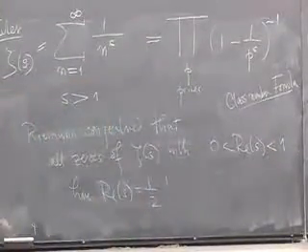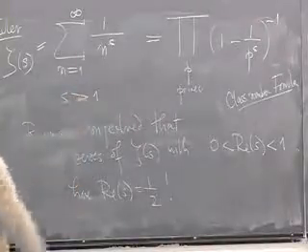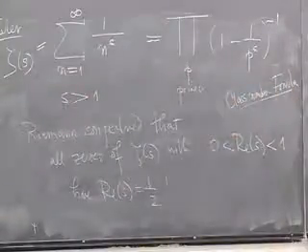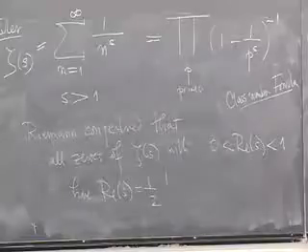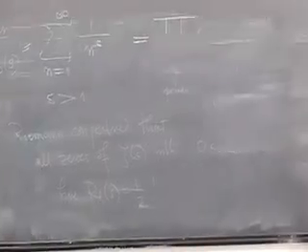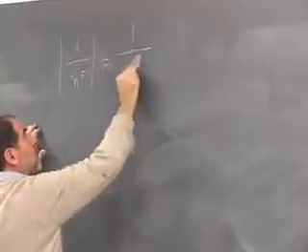So I have to say what that actually means, because so far we've only defined this series for s greater than 1. It only converges when s is bigger than 1. Well, if you know complex function theory, that series will converge when the real part of s is bigger than 1, because the absolute value of 1 over n to the s is 1 over n to the real part of s.